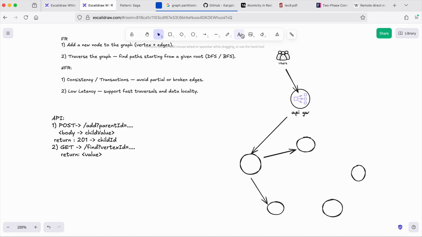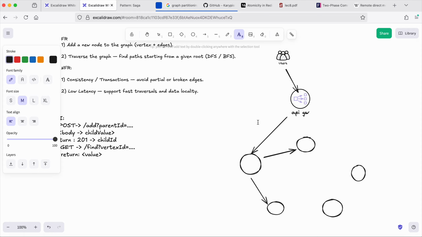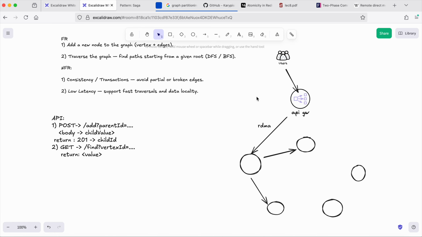So all of these queries are about RDMA, and we are going to use it. About the transactions here, there are two approaches. The first one is to try to use some sort of optimistic locks.